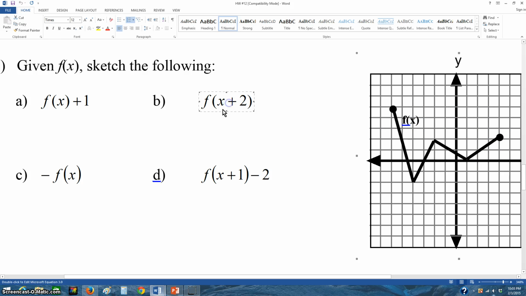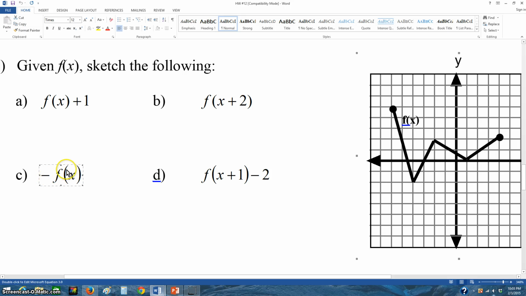Likewise, this one is shifting it 2 units to the left. This one is reflecting it. Remember, it's reflecting it about the x-axis. So you're going to multiply f of x by negative. What's another way of saying f of x? Remember, in algebra, your teacher has stated f of x is what letter?